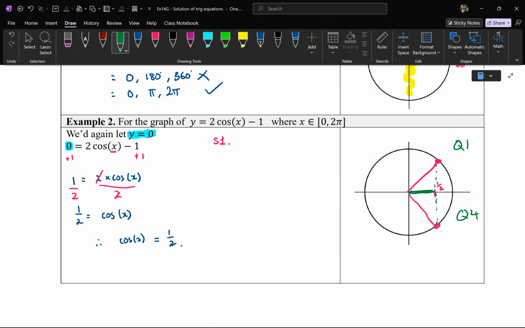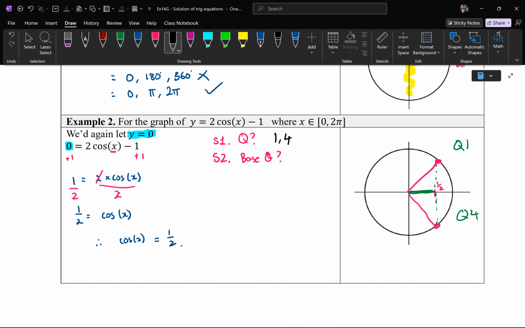Now you need to work out step 2. So we now know the quadrants are 1 and 4. Step 2, base angle. What angle will give you half for cos? What angle, Numafi?